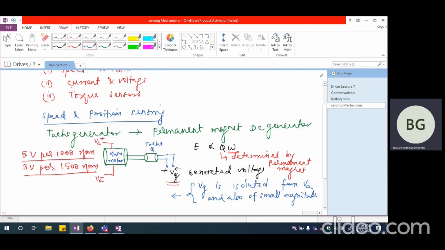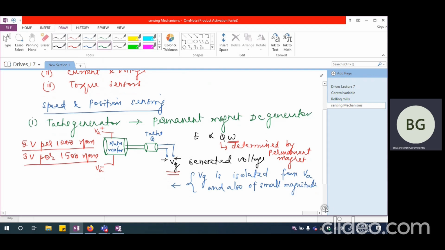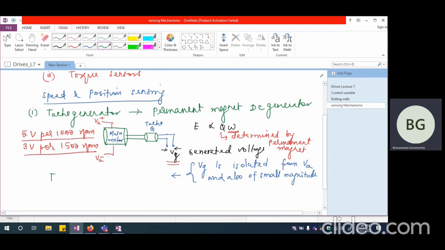So the tacho generator is a very neat mechanism for sensing the speed, but the only problem is that the tacho generator itself is a separate generator. This is expensive, because it's a DC machine. And another thing is, because it's a machine, that too a DC machine, it's not maintenance free.